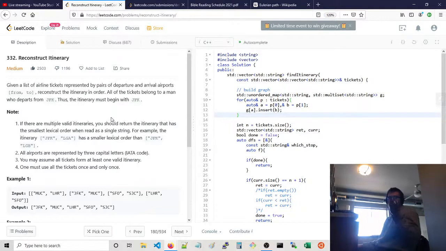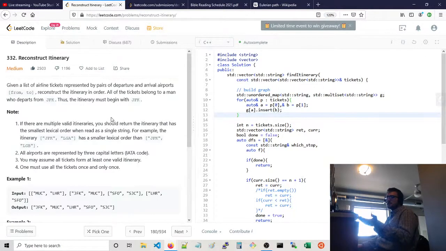We would also be building our resulting vector, basically the list of airports. We're going to build that as we go. So when you actually jump to the next airport, you add that to your list of airports. The vector of airports is a vector of strings to represent the airports.